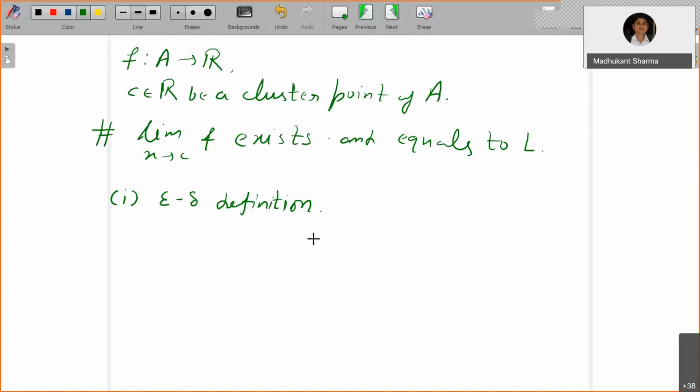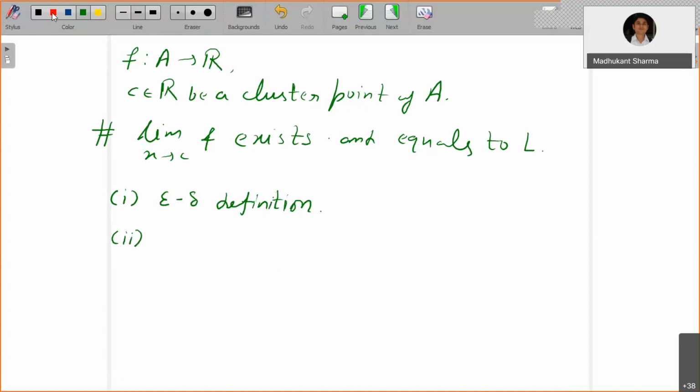Sometimes it is not possible to use the epsilon-delta definition because of the form of the given function f. It may be a complicated form, so it is not easy, for a given epsilon, to create a delta. Then we also investigated equivalent criteria.